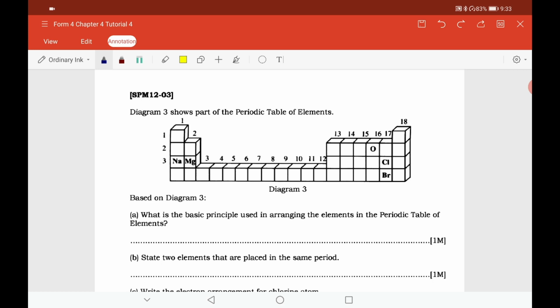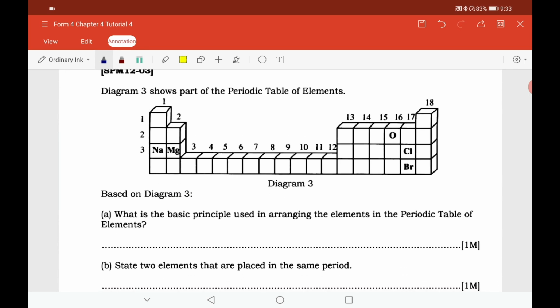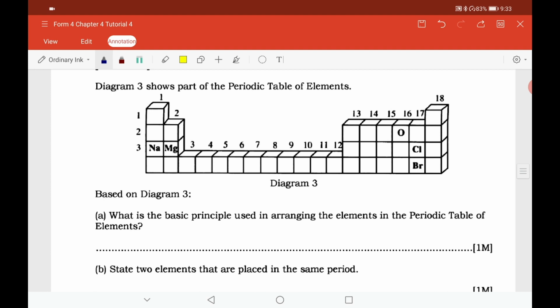They didn't ask about group, they didn't ask about period. They just asked you the basic concept in the periodic table. We learned this in lesson number 1. In the periodic table, we arrange the elements by using increasing proton number.